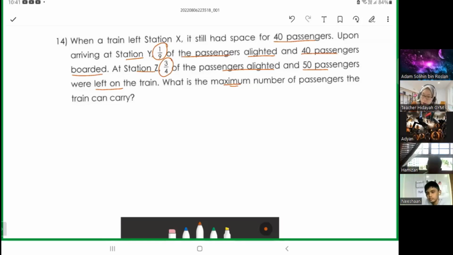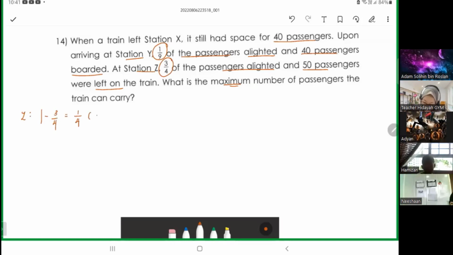Okay, we go backwards. This is a working backwards question. Let's work from the back. So at station Z, 3/4 of the passengers alighted. Alighted means go down, right? So this is station Z. 1 whole minus 3/4, I'm left with 1/4.